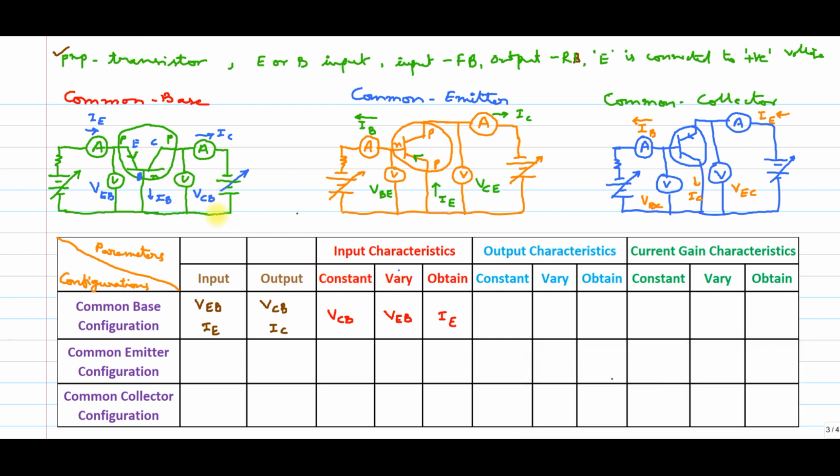Coming to output characteristics, we need to keep the input side parameter constant. Here we keep input current IE constant, vary output voltage VCB, and obtain output current IC. This is called output characteristics. Coming to current gain characteristics, we keep output voltage VCB constant, vary input current IE, and identify the corresponding output current IC.